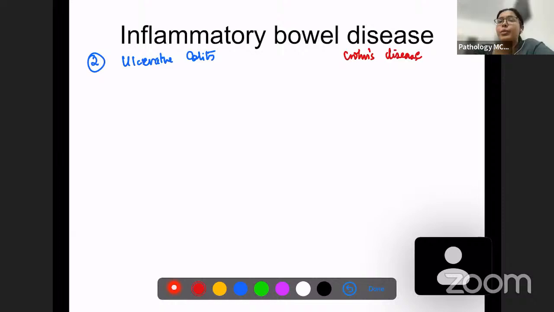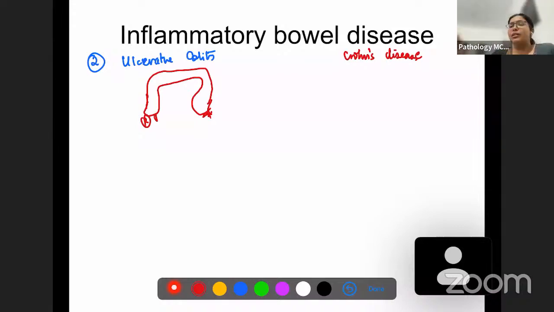First of all, remember ulcerative colitis is a disease which involves the bowel continuously. This is the right side, this is the appendix, and this is the sigmoid colon and the rectum. Usually rectosigmoid involvement is seen in ulcerative colitis, and it is continuous involvement.